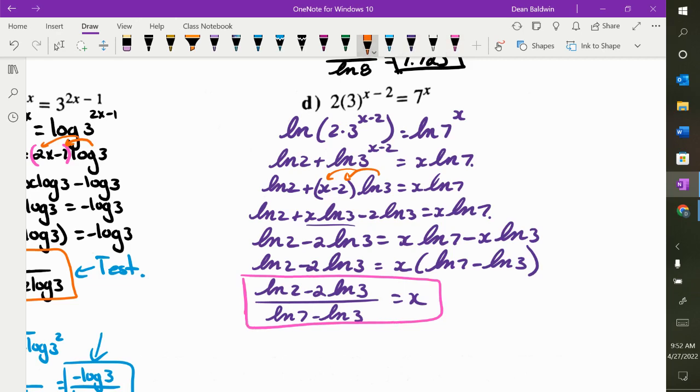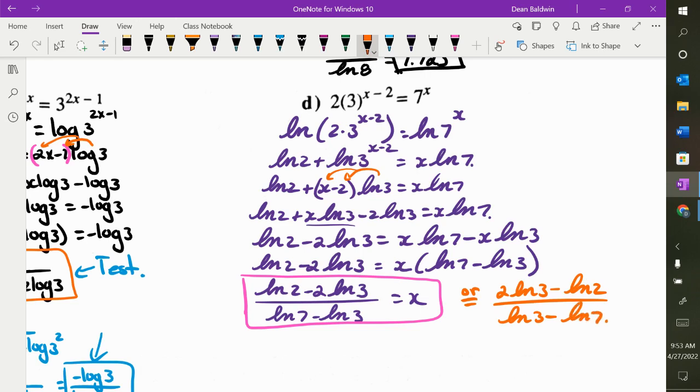Just a note, if you moved everything to the other side, you would get this. You'd still have the same tops and bottoms, but the order and the signs are flipped. So you would get 2 natural log of 3 minus natural log of 2 over natural log of 3 minus natural log of 7.